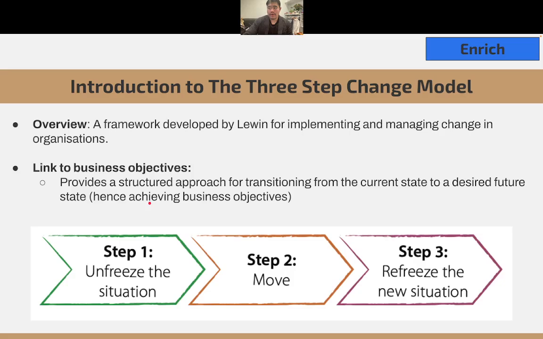And if you want to go from A to B, this is how you're going to achieve the business objectives. For example, I want to have a small food truck and I'm going to go into a cafe instead. That's going from A to B. And the business objective there would be increasing market share, increasing sales, increasing profit.